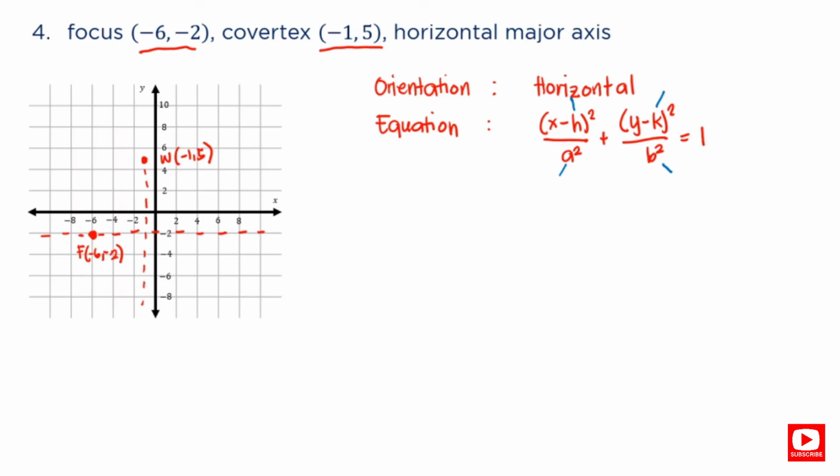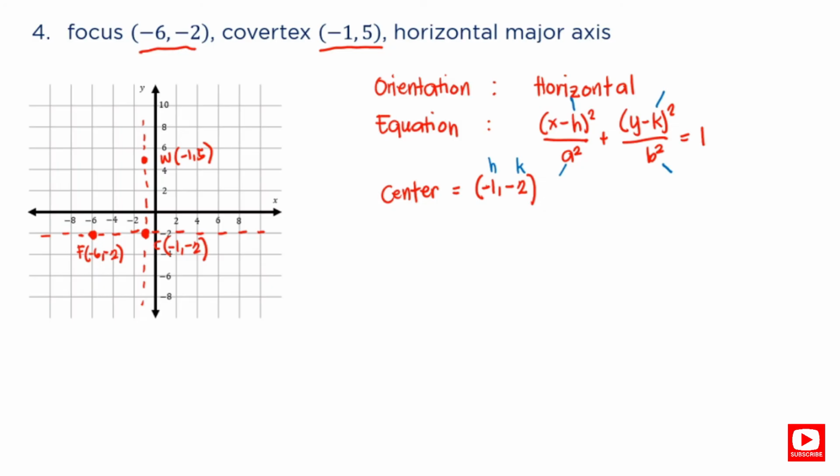From that, we can now say that the center is located here. And what are the coordinates of this point? The center now has the coordinates -1 and -2. So our center is just equal to -1, -2. So we have now our h and k.